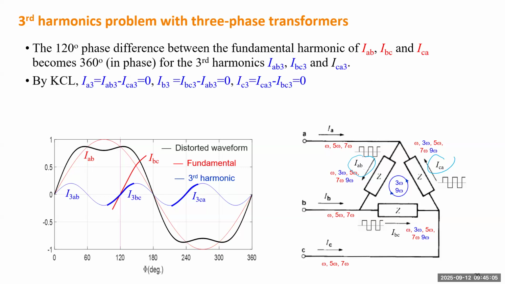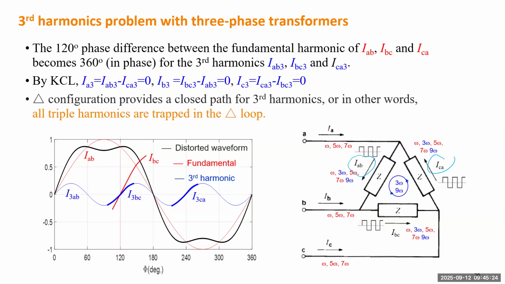Based on Kirchhoff's current law, there's no third order harmonic on this line. So all third order harmonics are fully trapped by the delta connection, and you won't see the third order harmonic on the network. It only happens locally. So that explains why we need a delta connection.